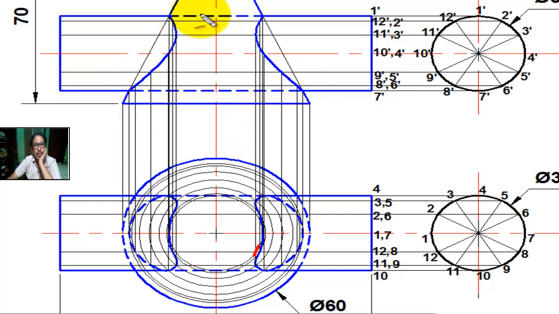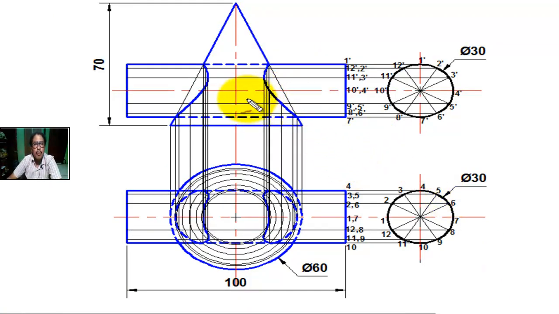In front view, this is dotted line and this is also dotted line. Okay. Now this is the front view and top view of the combination of cone and cylinder. This is the curve of intersection in front view. This is the curve of intersection in top view. Is it clear, my student? Thank you.